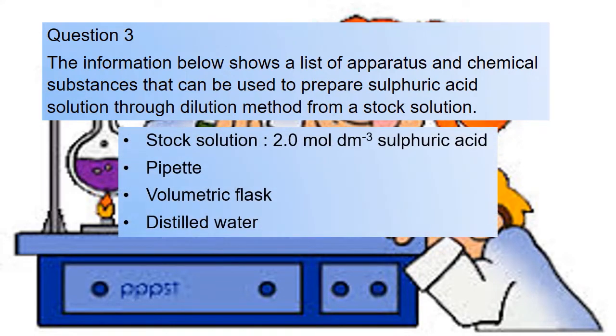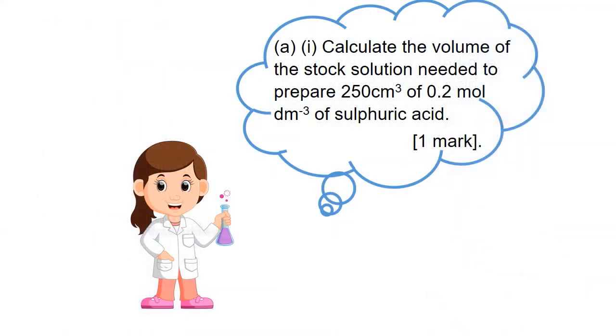The stock solution: 2 molar sulphuric acid, pipette, volumetric flask, and distilled water. Calculate the volume of the stock solution needed to prepare 250 cm3 of 0.2 molar sulphuric acid.